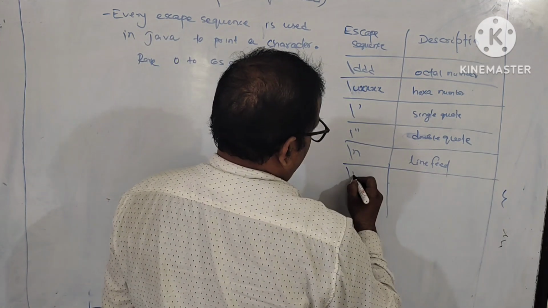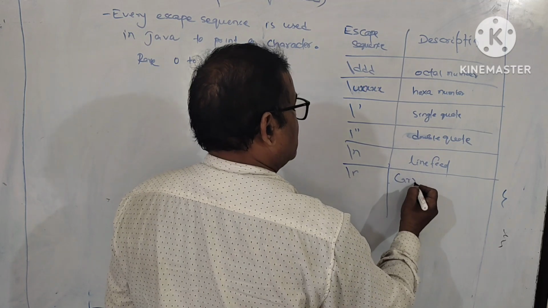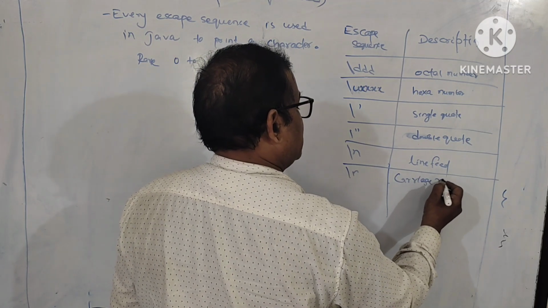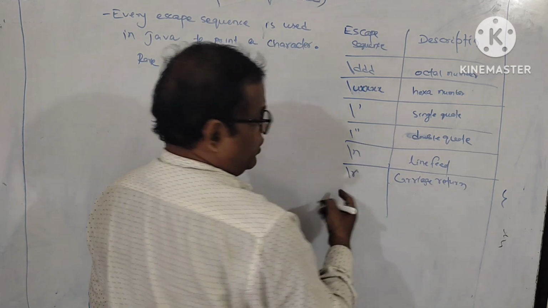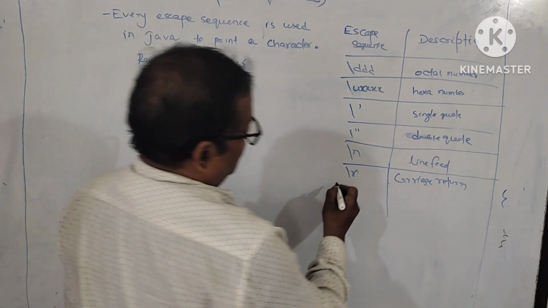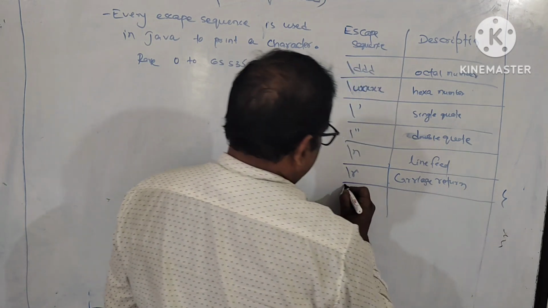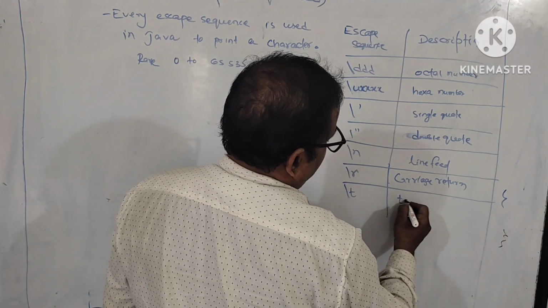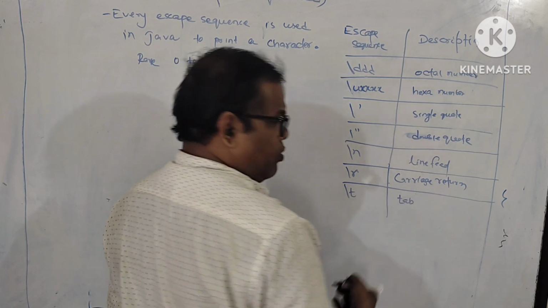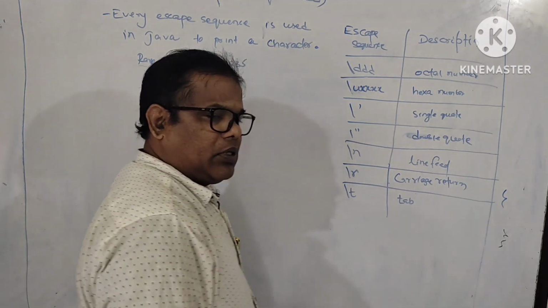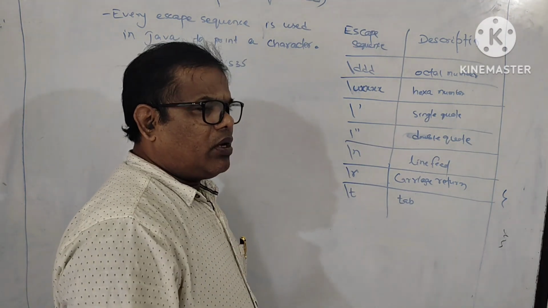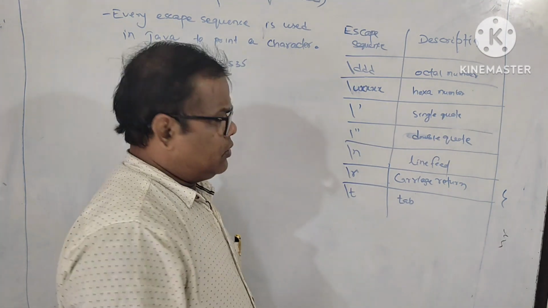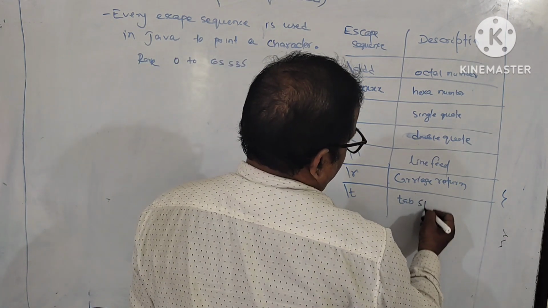This is called carriage return, slash r. You can have slash t, tab space. Sometimes somebody says that tab space is 2 characters or 3 characters; you can define your tab size.